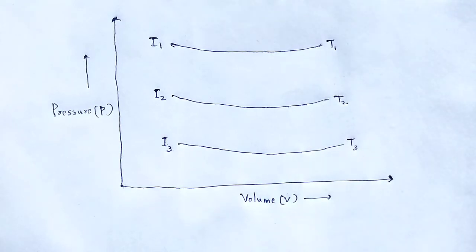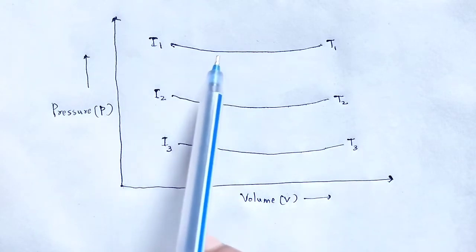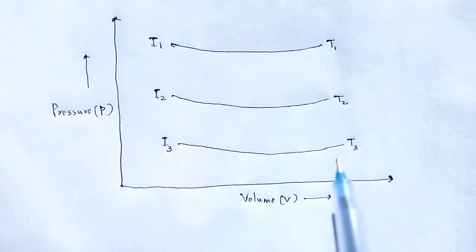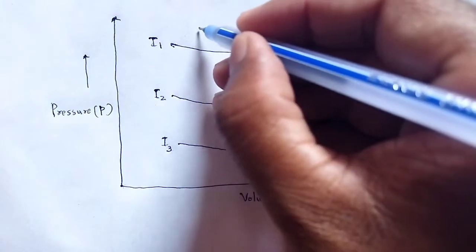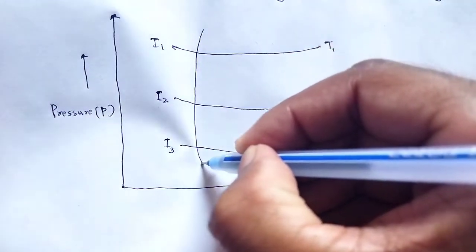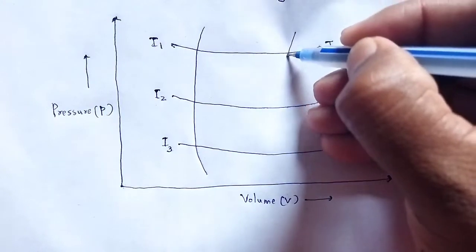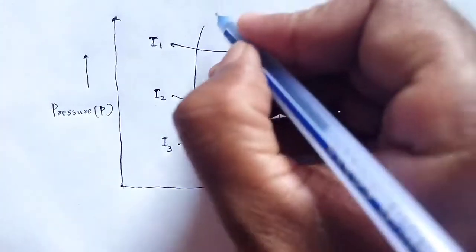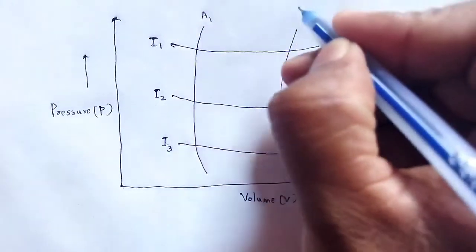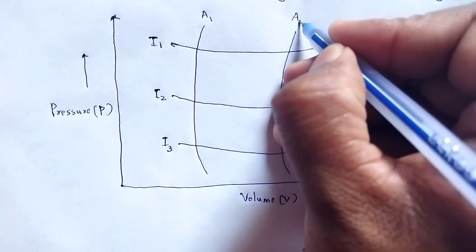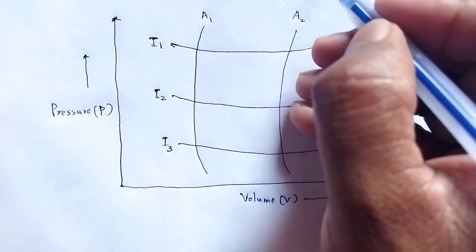Let A1 and A2 be two adiabatics, which intersect the isothermals, where heat is constant.